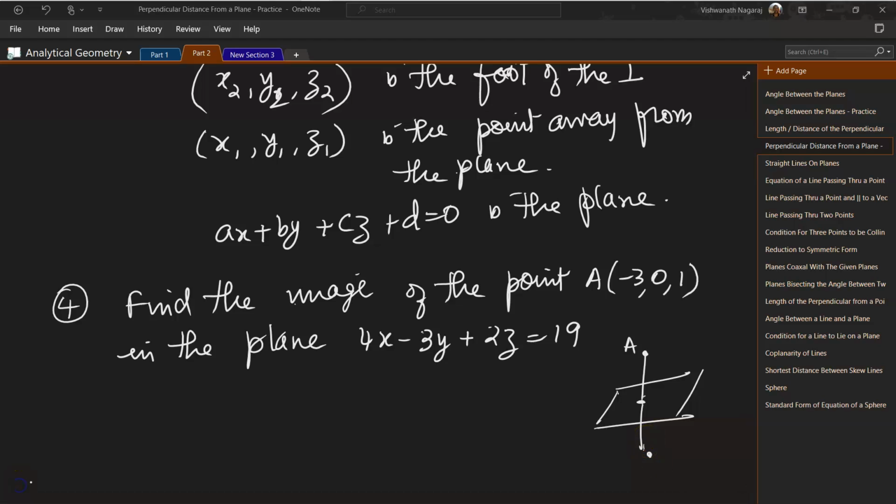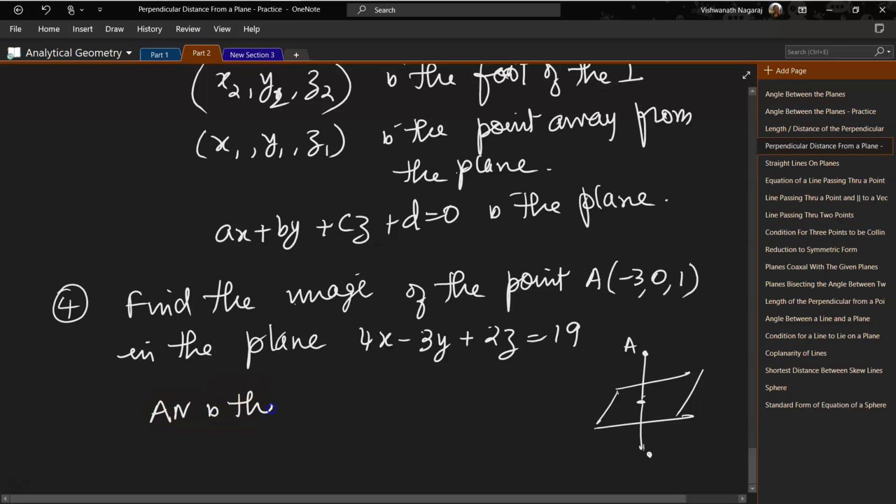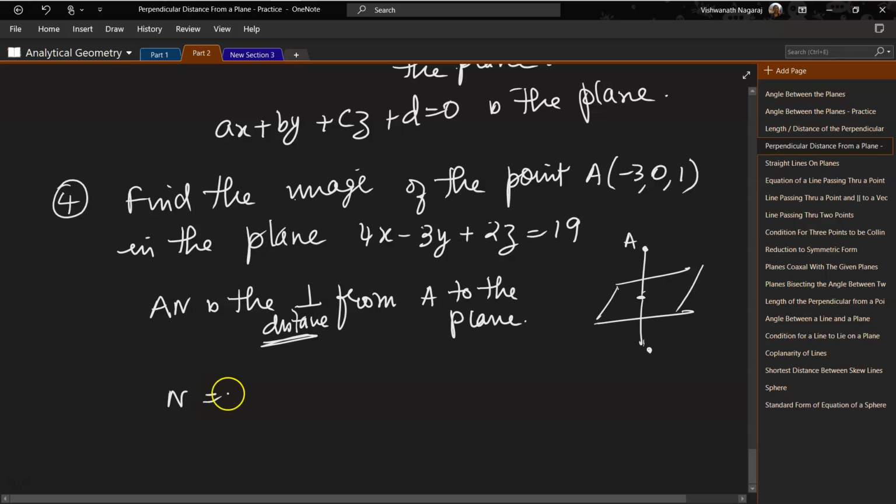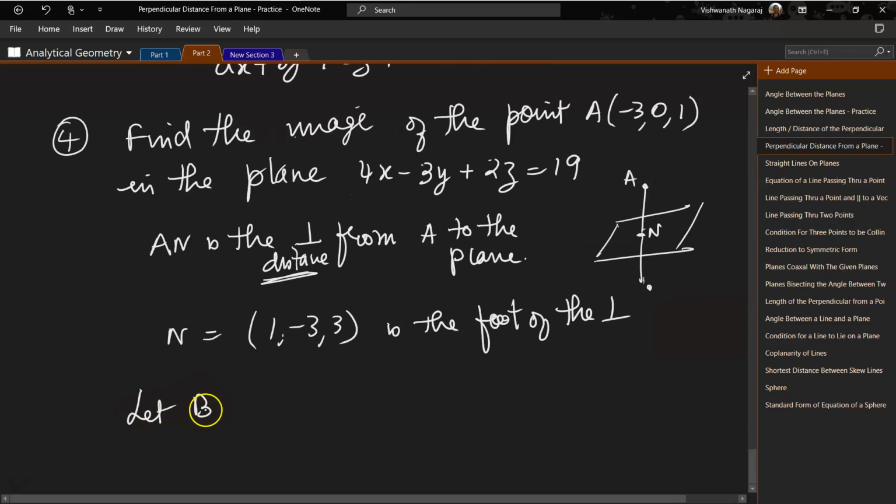Now, as we have seen in the previous problem, let's say AN is the perpendicular distance from A to the plane. We have seen that the coordinates of the foot of the perpendicular are 1, minus 3, 3. So let's say this is N. Now let B be the image of the point A in the plane.